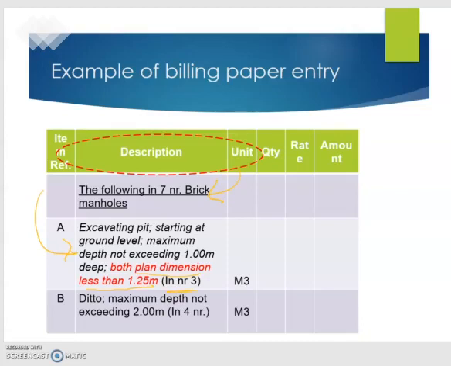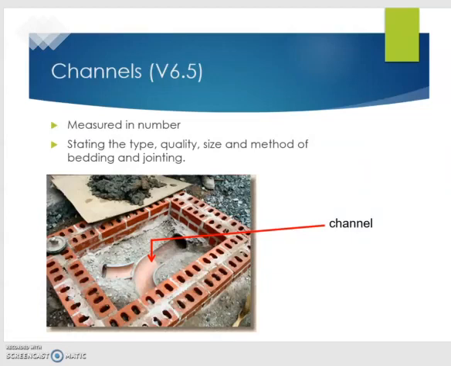So don't forget, you need to mention the maximum depth as well. If you have a different maximum depth, it should be separated. If you have a different size, both plan dimension, you need to put in other description as well.